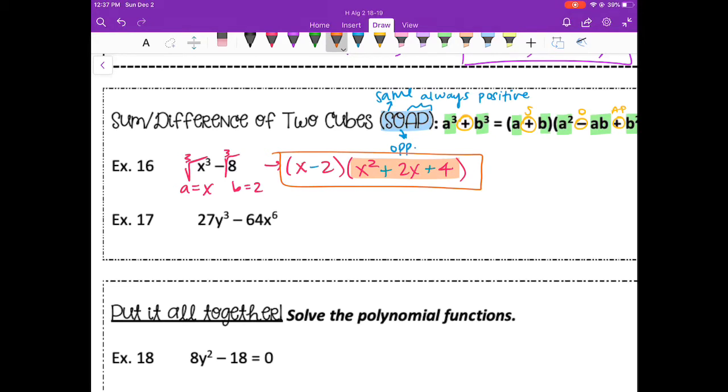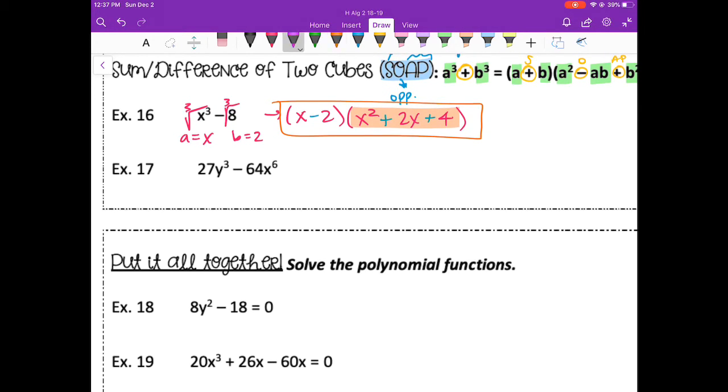Now in example 17, what is your a, what is your b? We'll start by taking the cube root of your first and second terms. So it looks like your a is going to be 3y. Your b is going to be 4x squared. So when you set up those parentheses, you'll have a and b, a squared, and then ab.